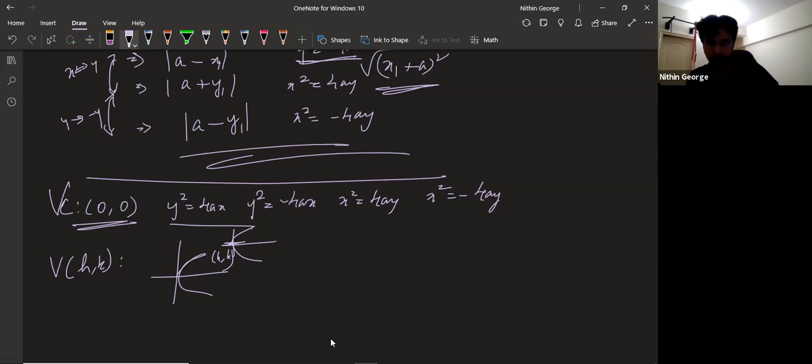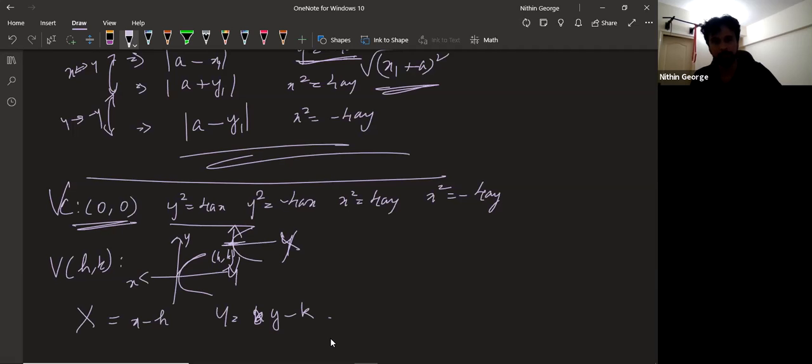Guys, translation of axis is what I taught yesterday. You bring in a new coordinate system. This will be capital X, this will be capital Y. This was small x, this was small y. So the coordinate system changes in this way. Capital X is equal to small x minus h, capital Y equal to small y minus k.